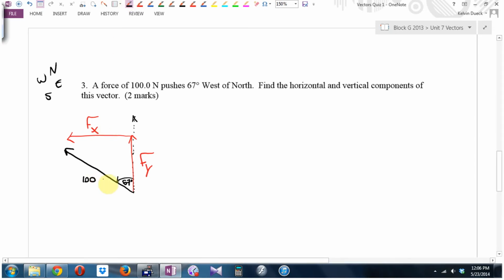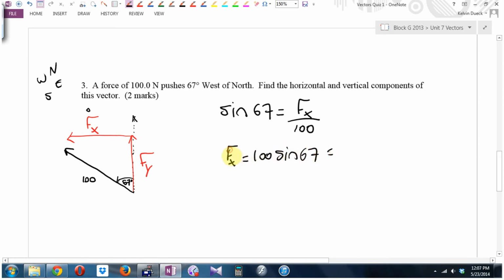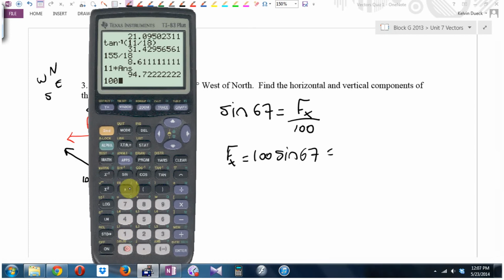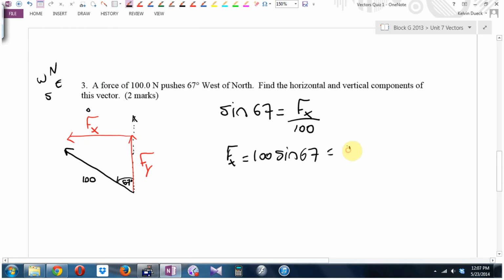Fx is opposite, sine 67 equals opposite over hypotenuse. I think Fx is going to be 100 sine 67. 92.1, I'll go 92 even. Unit newtons.